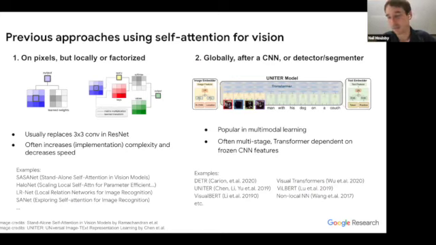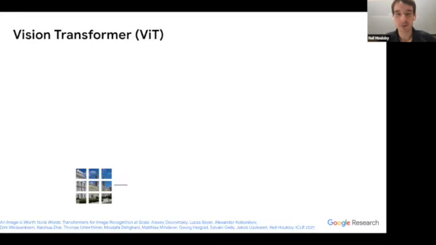There's lots of works beforehand that largely fell into 2 buckets: models that applied self-attention directly on pixels, and therefore created factorized or local self-attention to deal with this quadratic constraint. The other approach was combining CNNs or detection models or segmentation models with attention-based models. And this was kind of popular, particularly in multimodal learning. But we wanted to try and go end-to-end with the transformer.